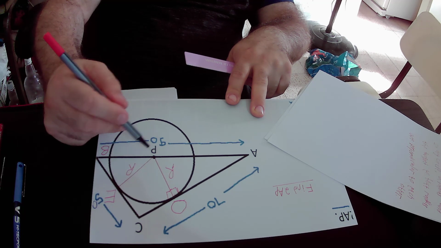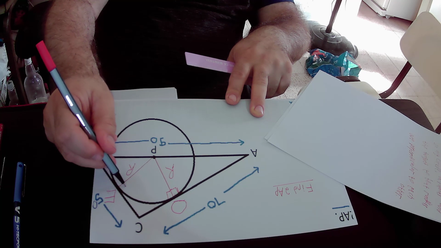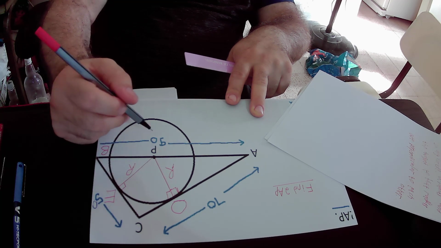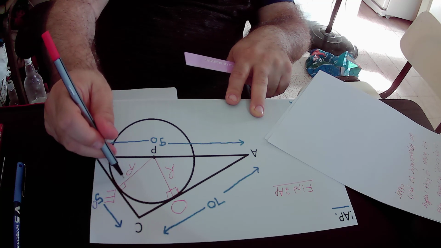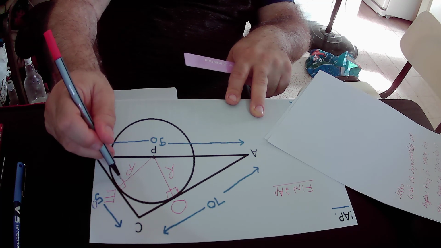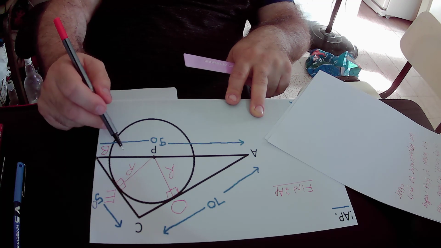So angle PEC equals 90 degrees, and also angle PEB equals 90 degrees. So triangle PEB is a right triangle.